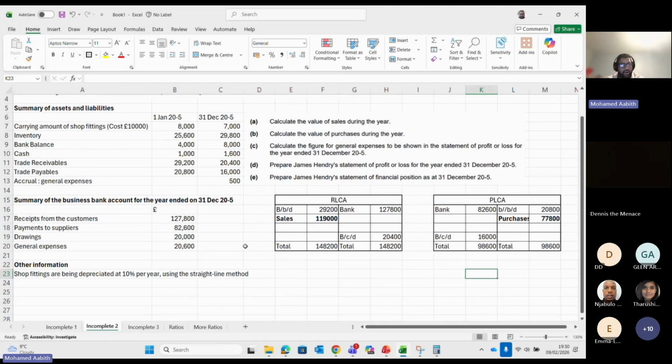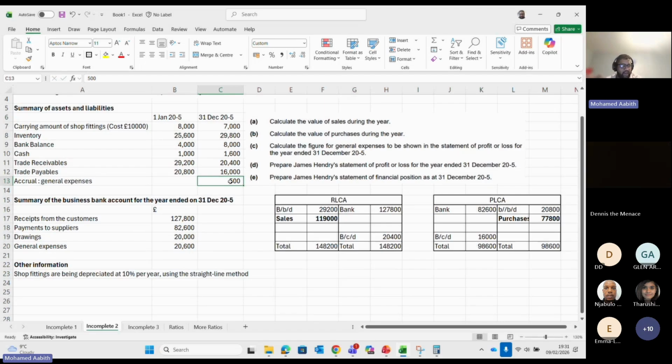So what I need to do is draw the bank account. Let's start from the bank account and think about how much is going there. This is the amount we paid so far from the bank account. And we also have an accrual of £500 at the year end. So we need to accrue it.